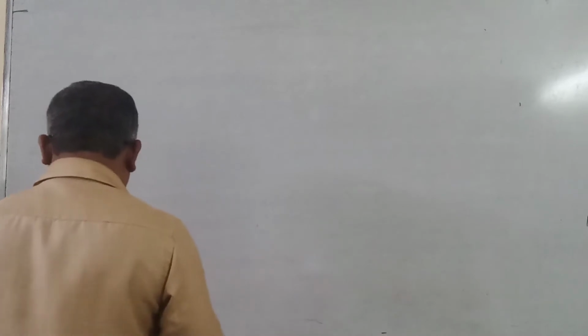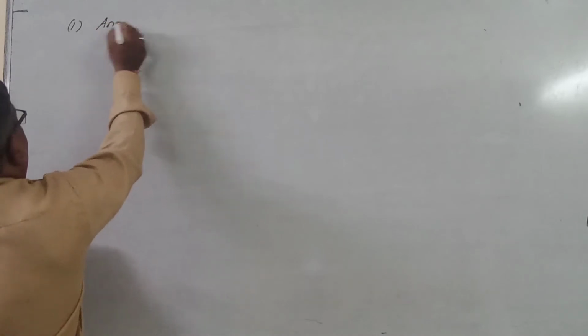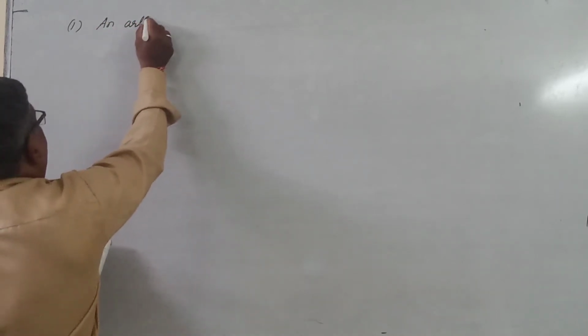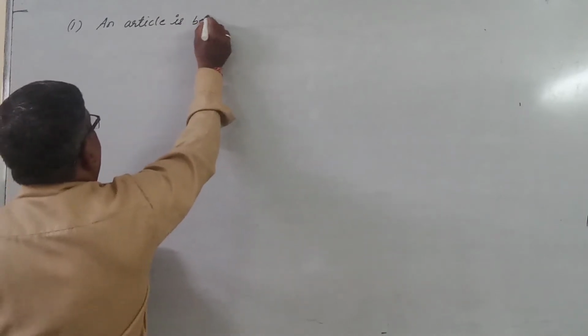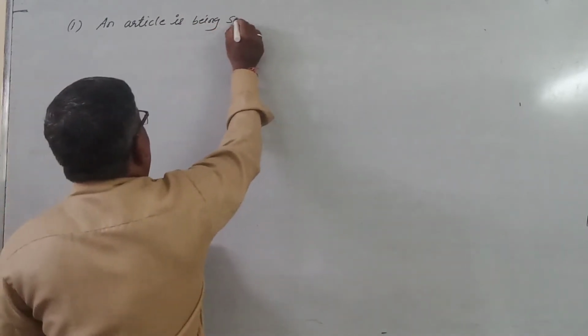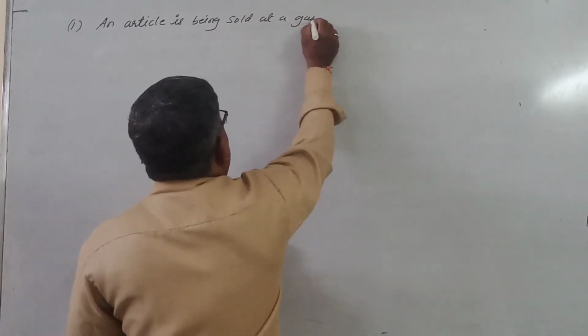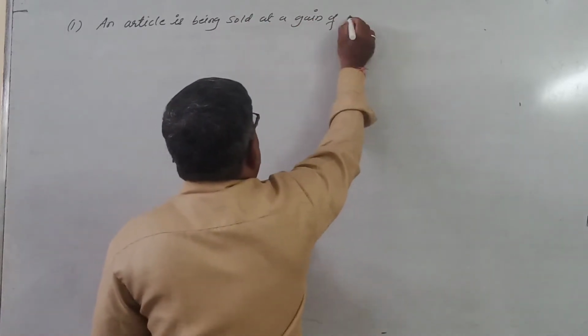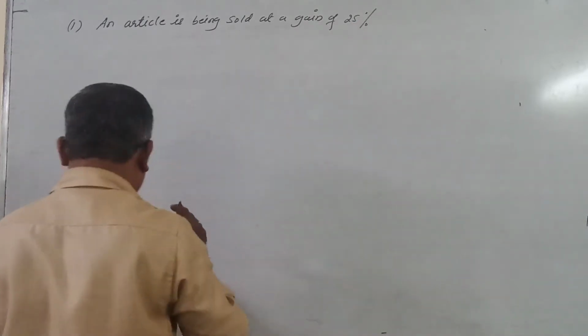So the first problem is problem number 1. The question is: an article is being sold at a gain of 25%.